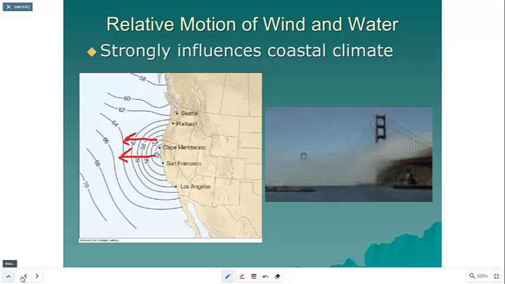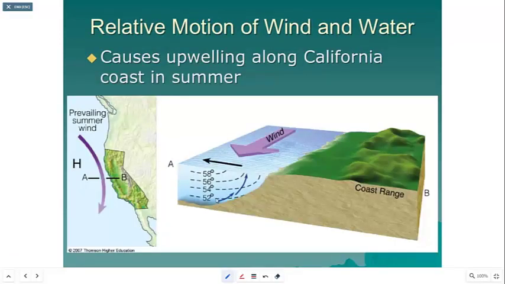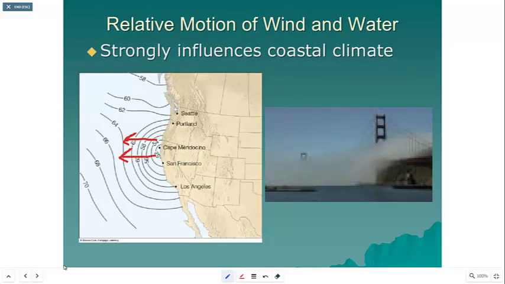So that upward motion is what we're going to call upwelling. You can see it here with these blue arrows. We'll pull that colder water from down below and pull it up as the warmer water gets pulled out to the west. So again, the name of that is called upwelling.